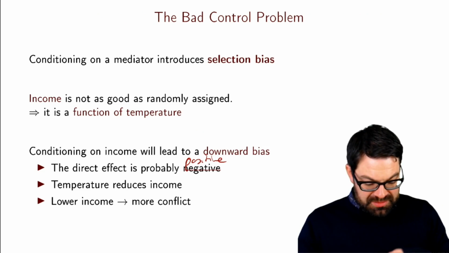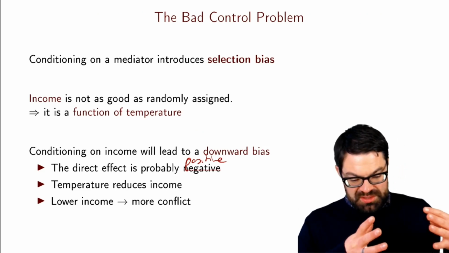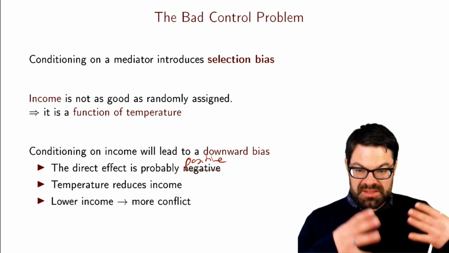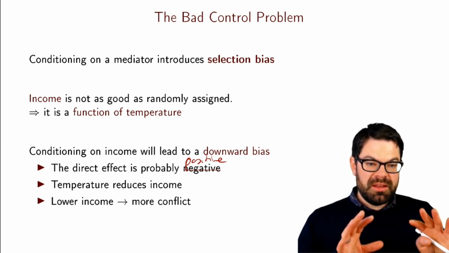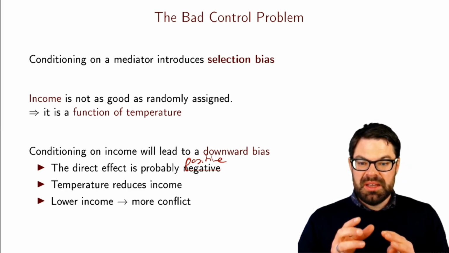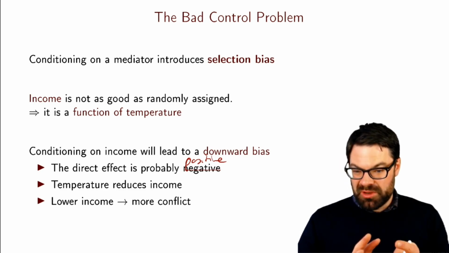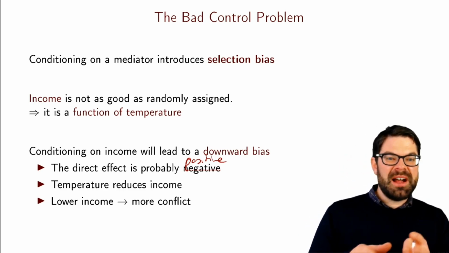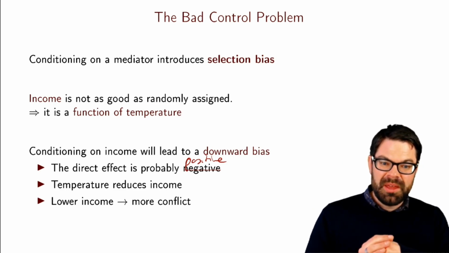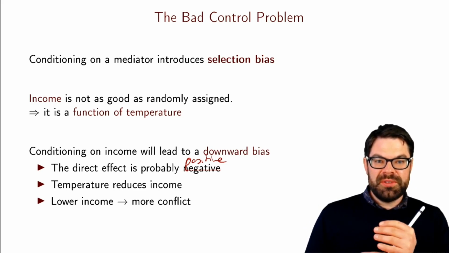Now, we can think then about the sign of the bias here in this case. And admittedly, for determining the sign of the bias, it's oftentimes easier to do this actually with potential outcomes. So here is really where potential outcomes, I believe, are much easier to work with. But let's do it anyway with the DAG.